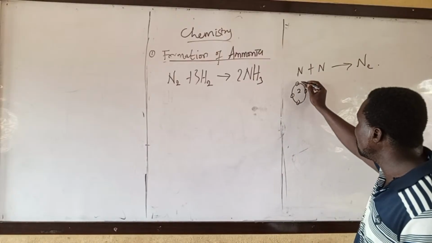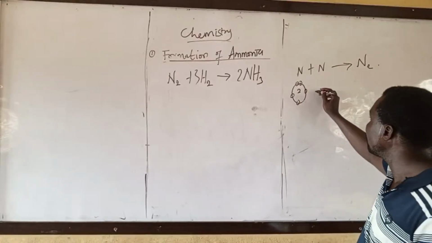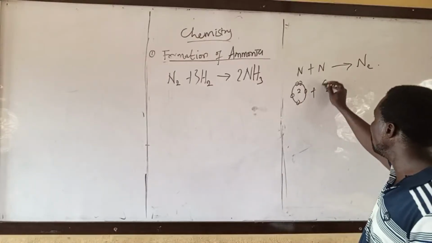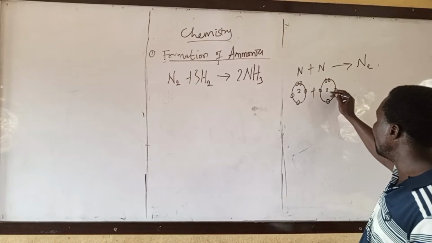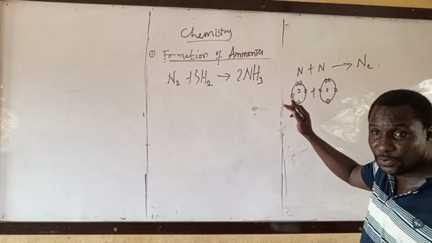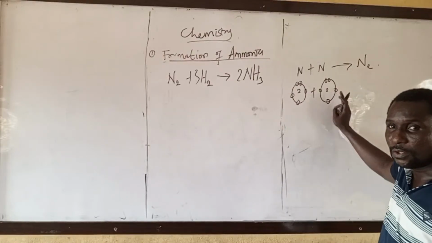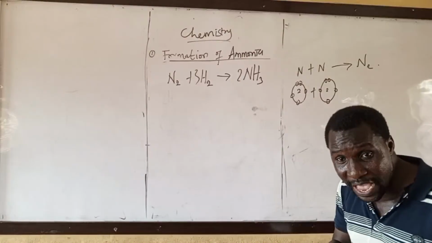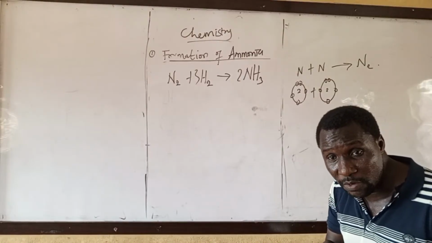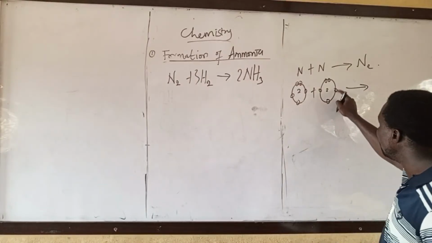How many unpaired electrons do we have? 3 plus 2, 5. You have to fill singly in 4 places before you pair. How many unpaired electrons do we have? 3. The unpaired electrons undergo covalent bonding.